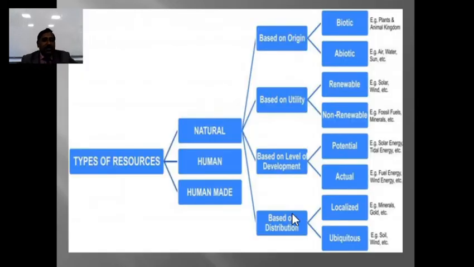Now these types of natural resources, based on origin: biotic and abiotic resources.